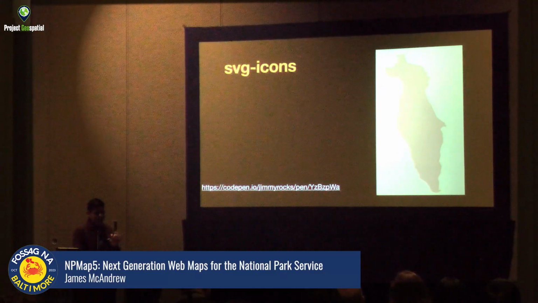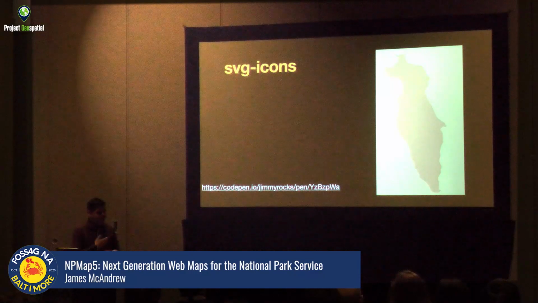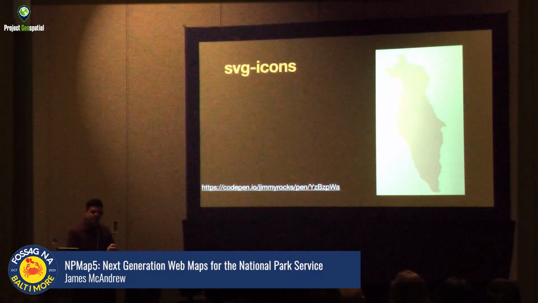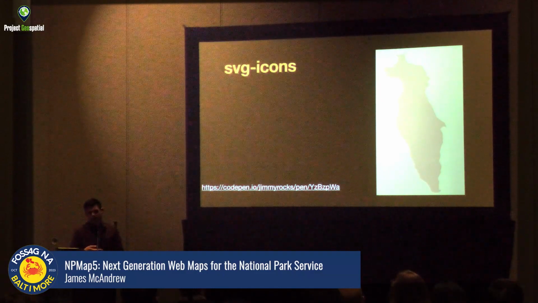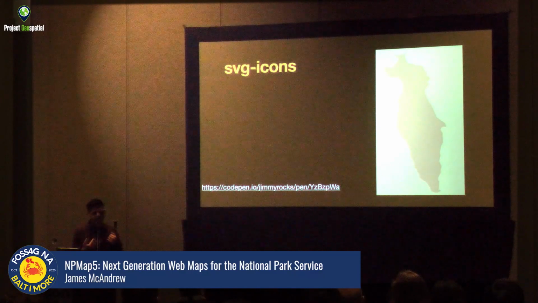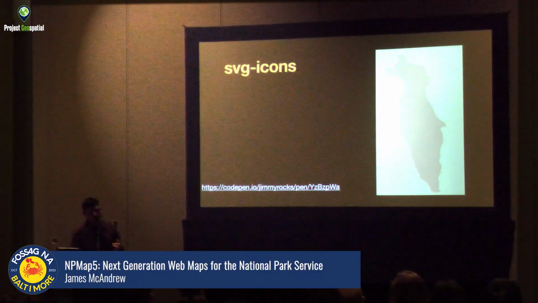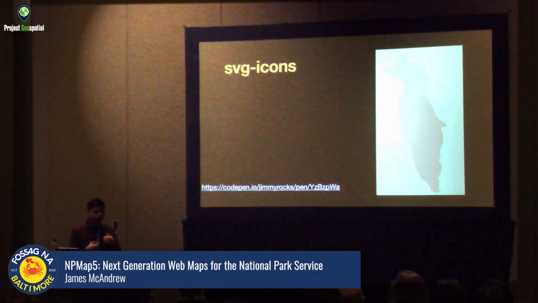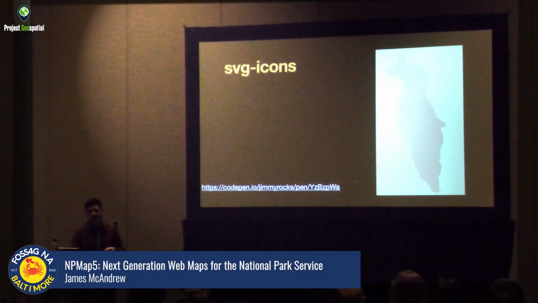The other thing that MapLibre does not support is SVGs. They support some kinds of signed distance field icons, I think it's called, or something. You can apply colors to them, but they're tricky to work with, and they don't have the right resolution. So what we do is we render them on the fly at the resolution that you are viewing the screen at.